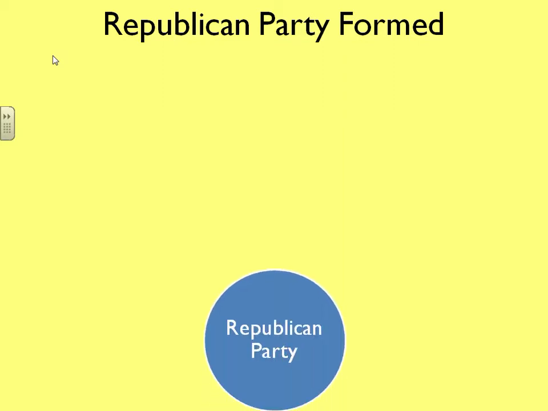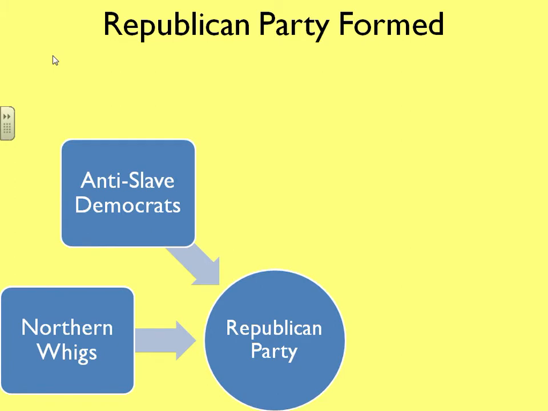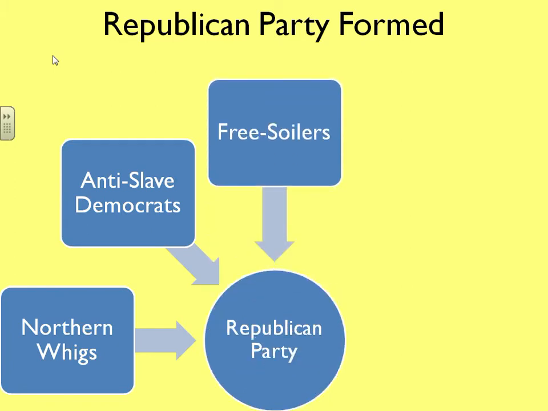And it's in this reaction to this that the Republican Party forms, specifically to oppose the expansion of slavery into these territories. Now, who's joining? Northern Whigs, right? The Whig Party splits apart. It's no more. Northern Whigs join into the Republican Party. A lot of Democrats do too, and particularly Northern Democrats. Free soilers, and there'd been the Free Soil Party who had advocated free soil, free labor, free men.